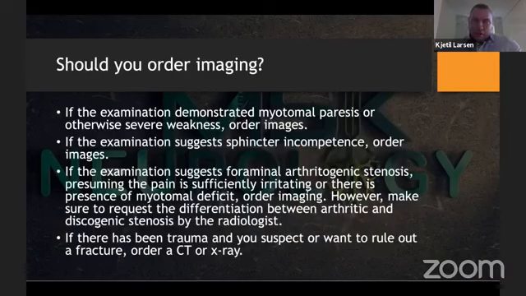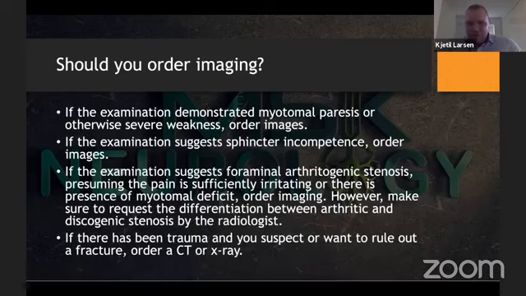Now, should you order imaging? This is an important question. If you have severe weakness or myotomal paresis, especially if there are also other indicators of spinogenicity, you have to order some images to see what's going on. If there's any kind of sphincter incompetence, you order images. Don't wait, you order images. If the examination suggests, I would say, significant arthritogenic stenosis, I prefer to order imaging.